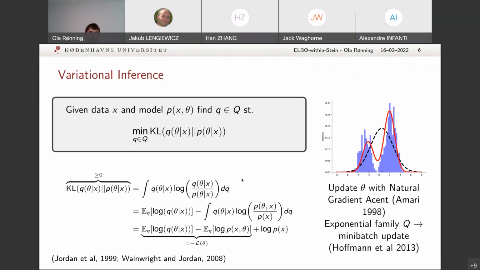So it's been known for a long time that we can do this efficiently by maximizing this term we call the ELBO, and we'll do this with natural gradient descent, which is just gradient descent that adheres to a manifold. But Hoffman showed that if you choose Q to be an exponential family, we can do mini batch training.